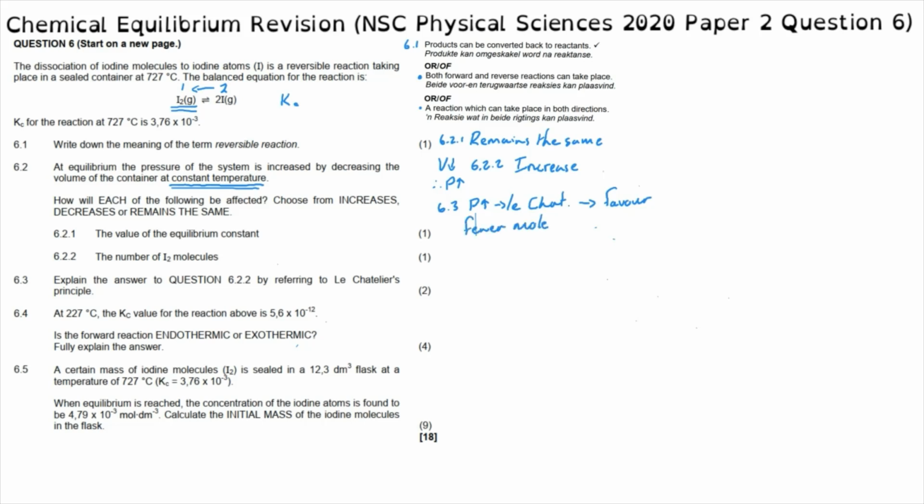Because we have increased the pressure, Le Chatelier's principle is going to favor the direction that produces fewer molecules, and therefore the reverse reaction is favored.